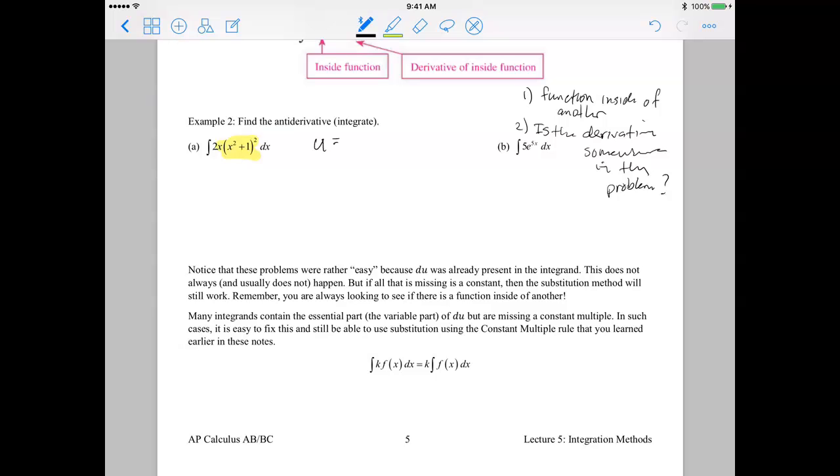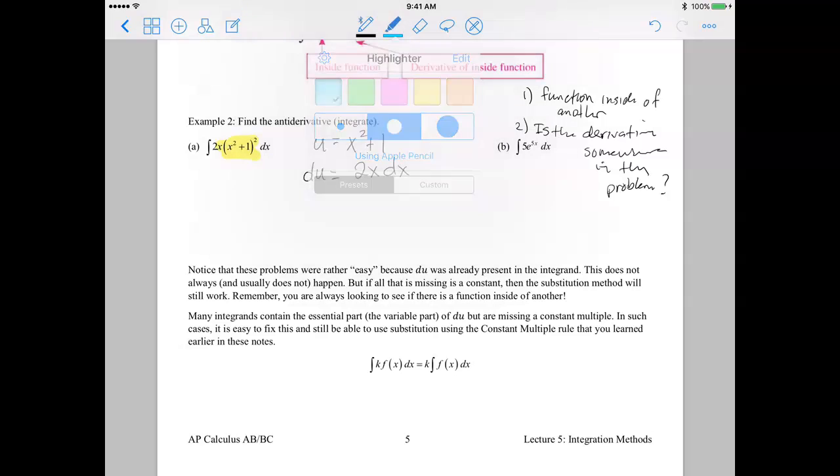So I'm going to choose u to be equal to the thing that is inside the square, that would be x squared plus 1. I'm going to then figure out what is du. Well, the derivative of u is 2x dx. I see that I have 2x here and dx there, and so that's how I know I have made a good choice for u.